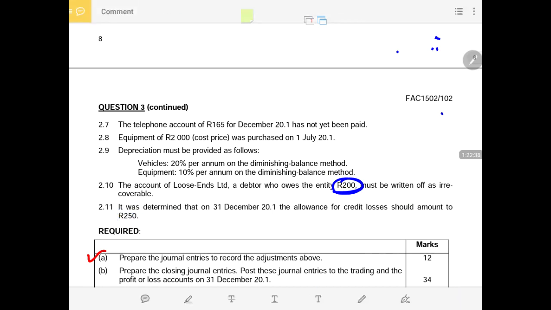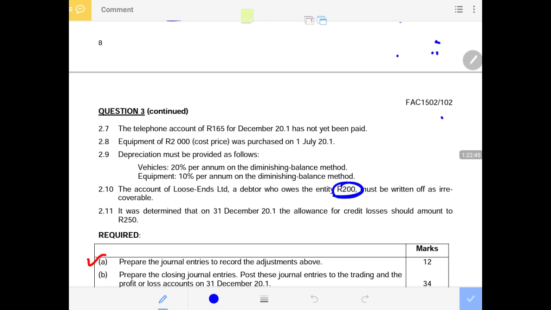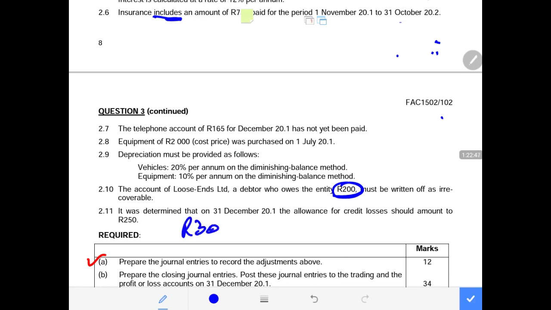In the trial balance, we already had an allowance, and the allowance in the pre-adjustment trial balance was an amount of 300 rand, and it decreased now from 300 to 250. Therefore, that means we overstated the estimate of the credit losses. Remember, the allowance for credit losses is an estimate that debtors worth 300 will not pay us.